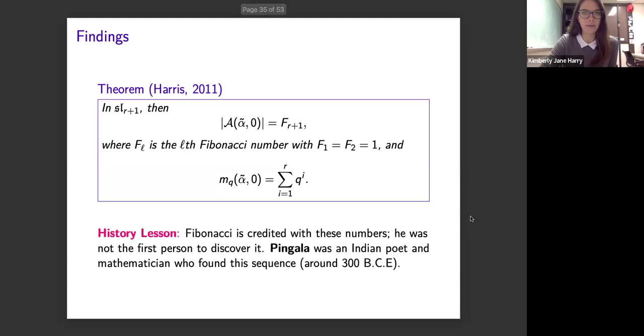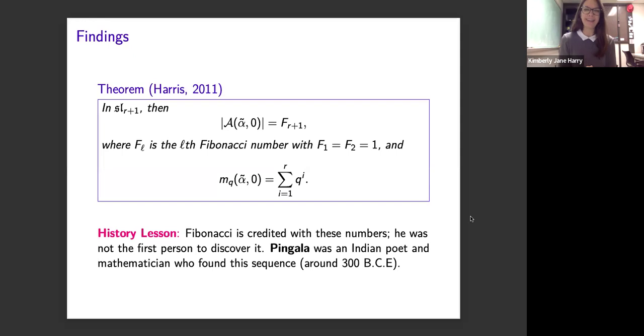So I don't think we were expecting a slight history lesson here, but I wanted to point it out just because I thought it was cool. Fibonacci is not the first person to have found the sequence. Pingala, who is an Indian poet and mathematician, found the sequence a little bit before, in like 300 BC.